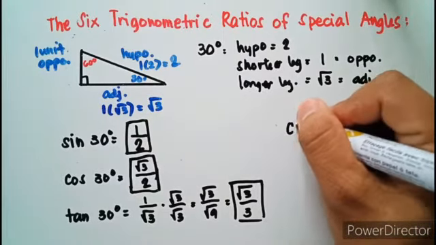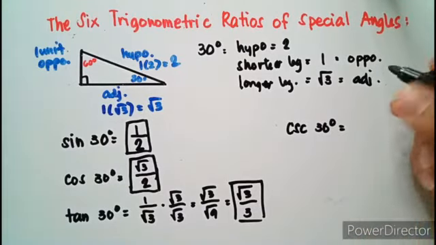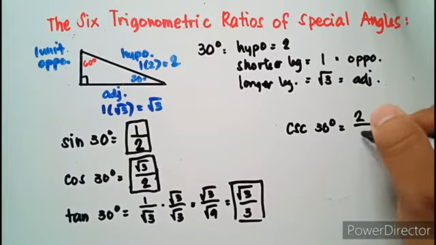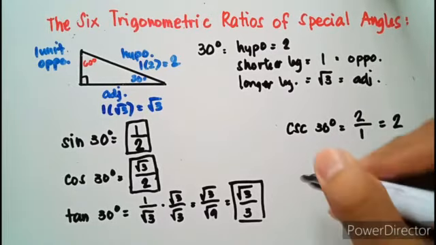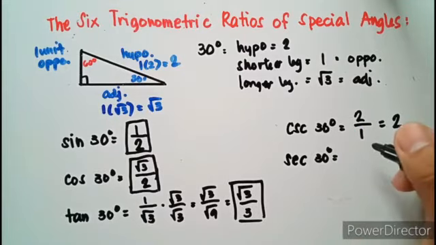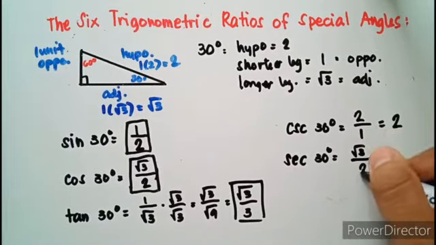Then, let's get the cosecant 30 degrees. Cosecant 30 degrees is hypotenuse 2 over opposite 1. So, cosecant 30 degrees is equal to 2. Then, secant 30 degrees is equal to adjacent over hypotenuse. Our adjacent is square root of 3 over hypotenuse, which is 2.